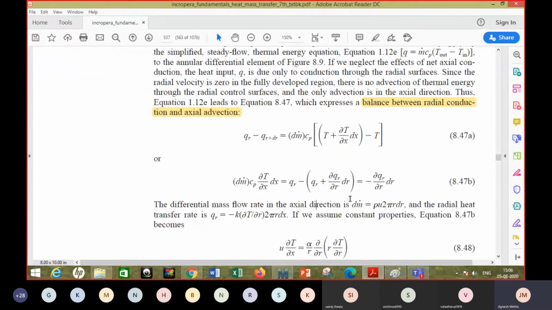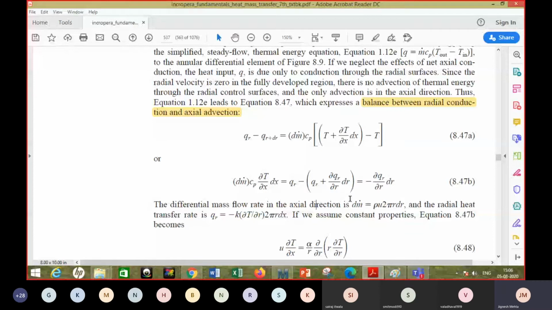Now we are interested to find the Nusselt number for the internal flow, starting with the fully developed laminar flow. And again, in that there are two types of boundary condition: the constant heat flux boundary condition and constant surface temperature boundary condition.